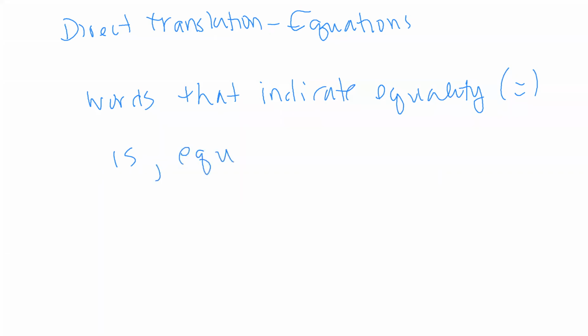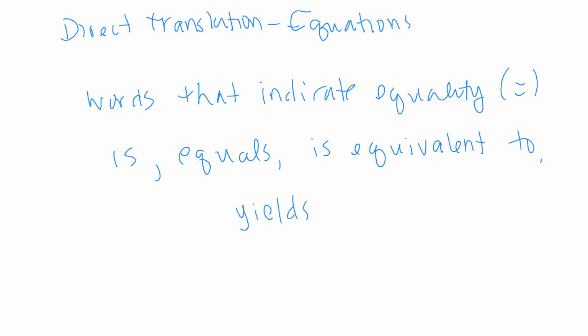Equals, we already know that. Is equivalent to, kind of a longer phrase, but it still means equals. You could also see the word yields, okay? These are just 4 common ones. You could certainly have other words that would indicate equality, but these are the 4 that you're probably going to see the most often, okay?